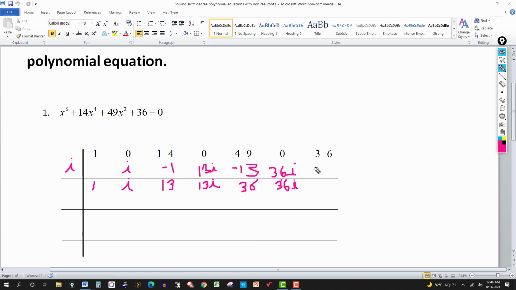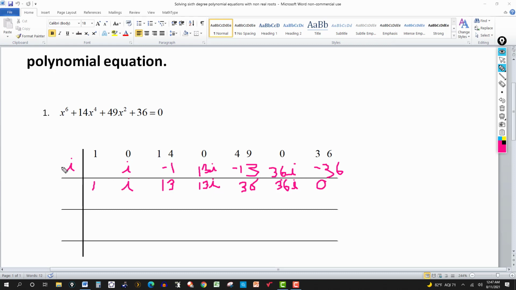That gives you a negative 36. So 36 and a negative 36 is 0. Because I got an entry of 0 for the last number in this row, that tells me that i is a solution of this equation. It also tells me that x minus i is a factor of this polynomial.